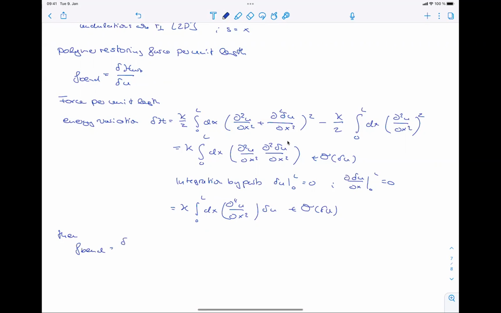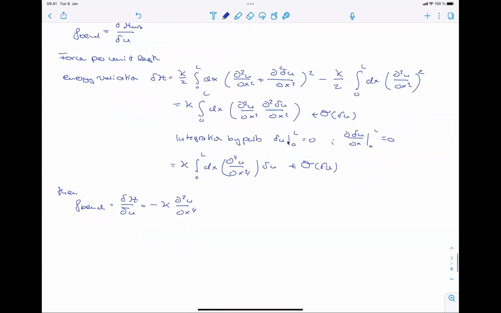So we know that delta H over delta u is then minus kappa d to the 4 u, oops, sorry, 4. And so now we have a force. So now we can write down our equation of motion in terms of the undulations.